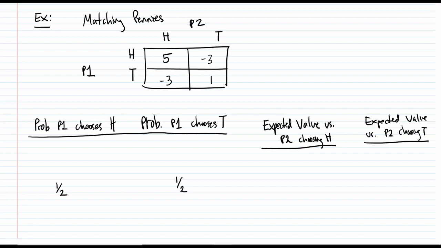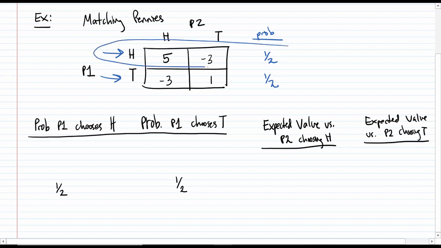Let's remember, how do we calculate expected value? We're going to take the outcomes that we have, and scale them by the probabilities that they occur. Right now, our strategy is given by half the time will be in row one, and half the time will be in row two. That is, half the time we choose heads, and the other half the time we choose tails.